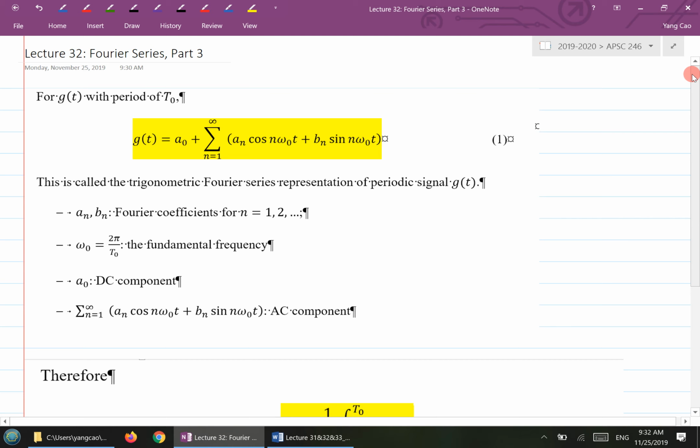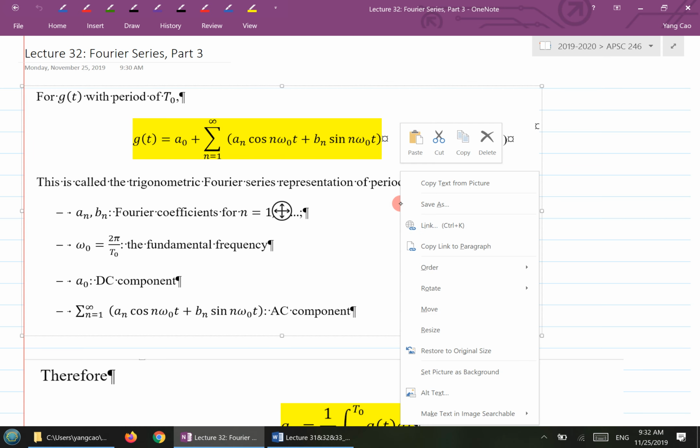If you have a periodic function g of t, and its period is t naught, then we can basically write this g of t using a constant term plus a summation of a whole bunch of cosine and sine terms.